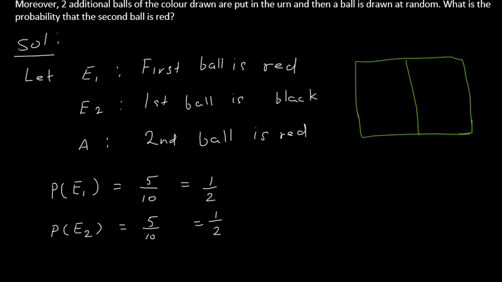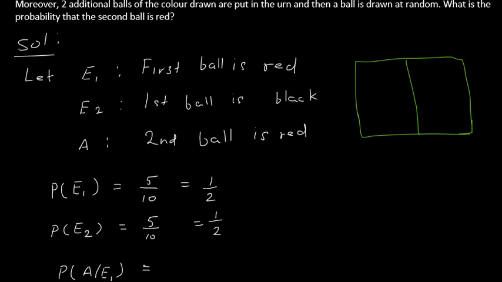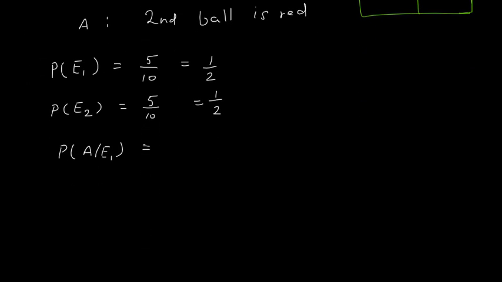Now, probability of A when E1 has occurred. E1 has occurred means I have drawn a red ball. So, when I draw a red ball, now I will put 2 more red balls and the total number of red balls is 7. So, it is 7 upon 12.